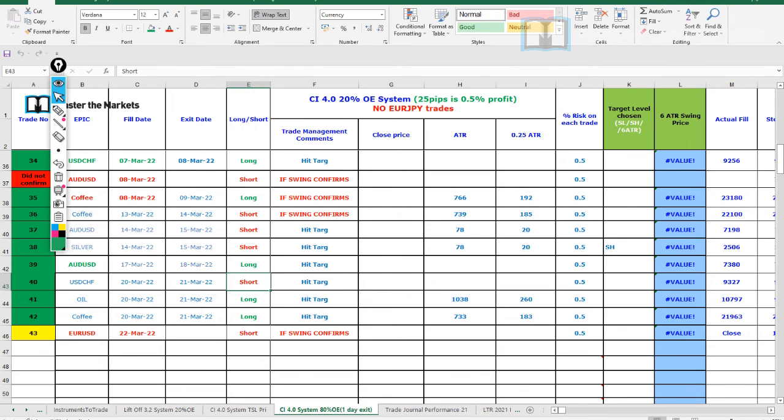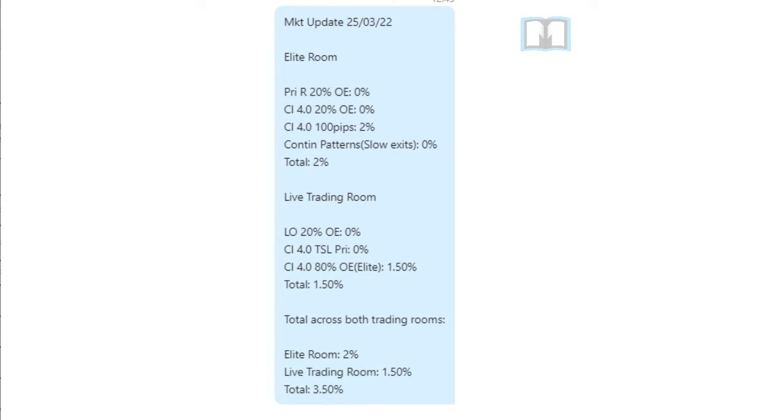In terms of the summary of the positions over here, we've just recorded here market update 25th March 2022. Elite room 2% up in terms of a cash in 4.0 100 pip strategy. In terms of live trading room, it's up 1.5%, mainly all coming from the 1-day exit on the 80% open equity strategy. Across both rooms, 3.50% up.